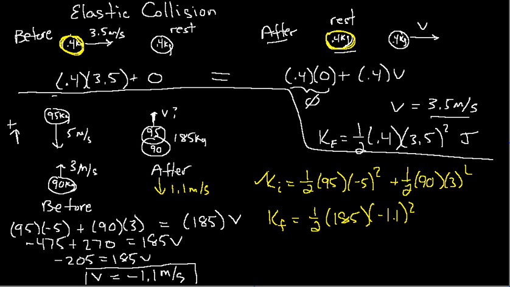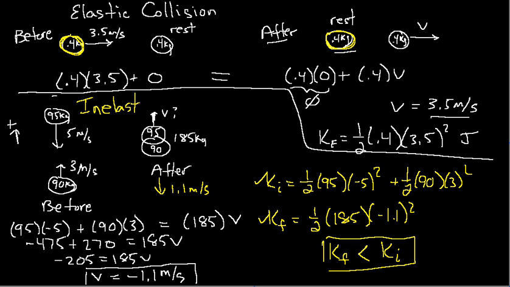You calculate this and see what the difference is. I'm not going to do it now because we don't have time here on the YouTube channel, but I'm going to bet that the final kinetic energy is less than the initial kinetic energy, as it has to be for an inelastic collision. So this was an example of an inelastic collision.